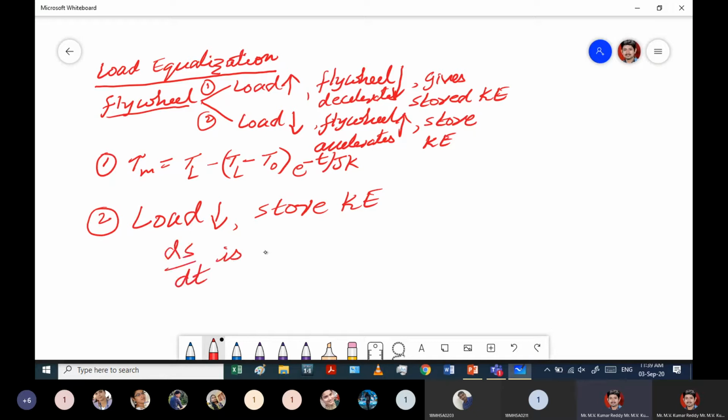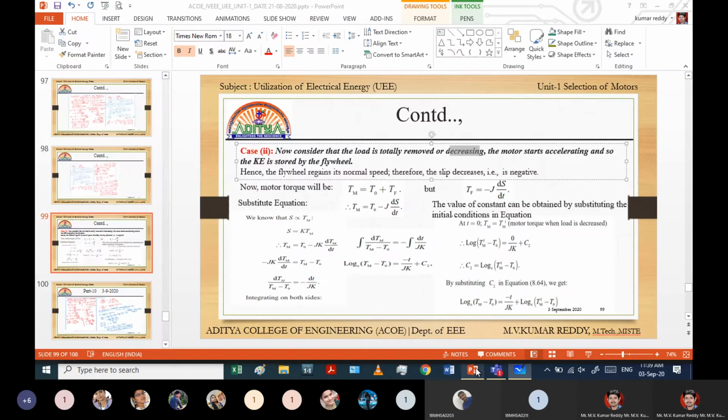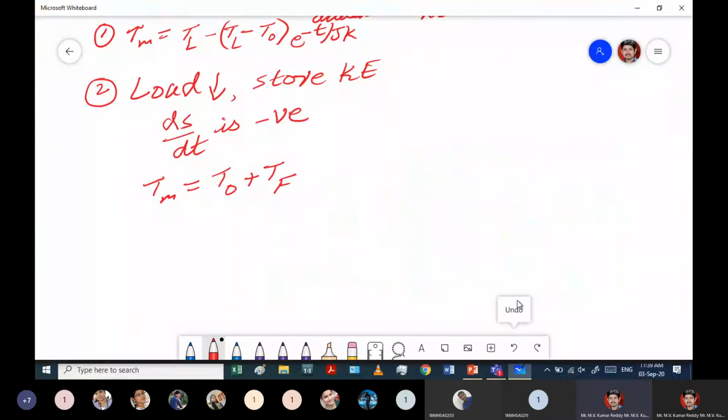Now the total formula is Tm is equal to T naught plus TF.